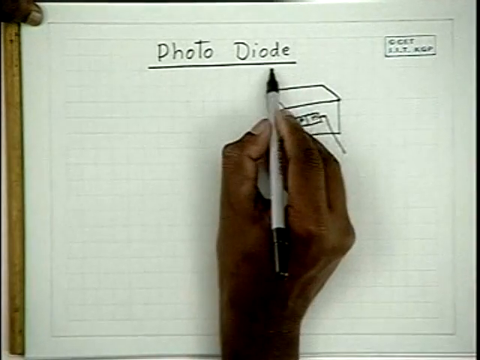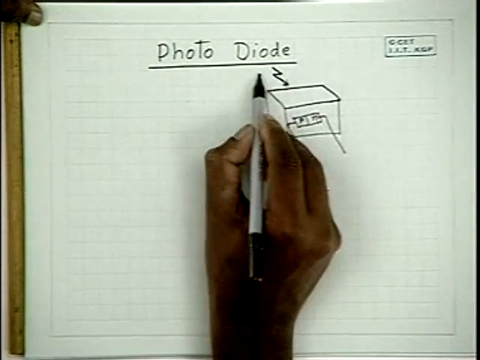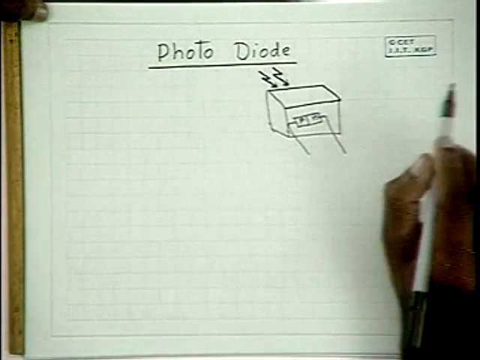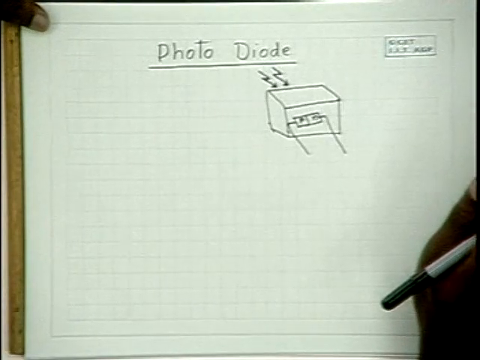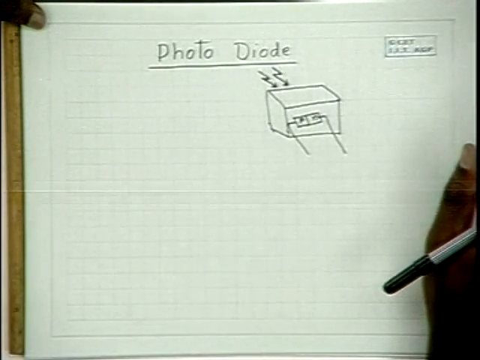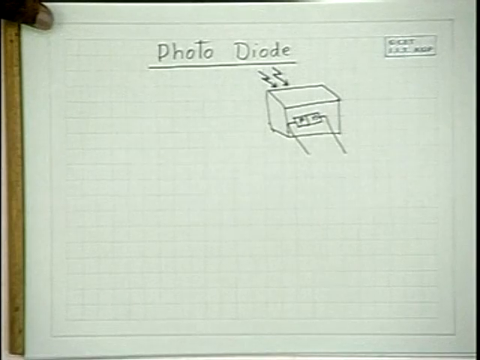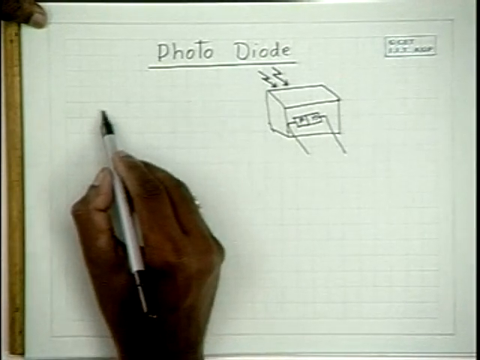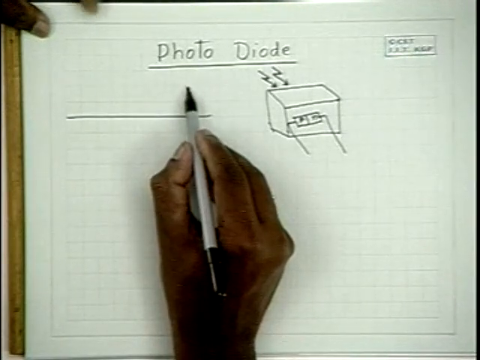And when light is made to impinge on this PN junction diode, its characteristics change. What kind of changes do you expect in the characteristics? This is the kind of characteristics we expect.